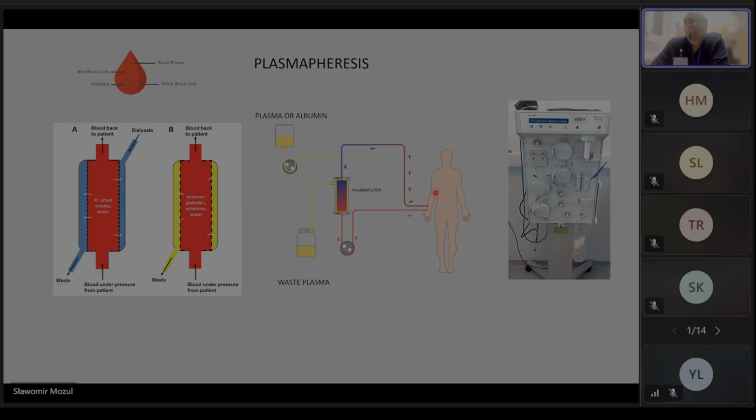It removes all plasma components, including pathological ones. There are the largest pores in the membrane of the filter for plasmapheresis, but they are too small for blood cells. Usually, 5 to 7 plasma exchanges are performed during the whole treatment.